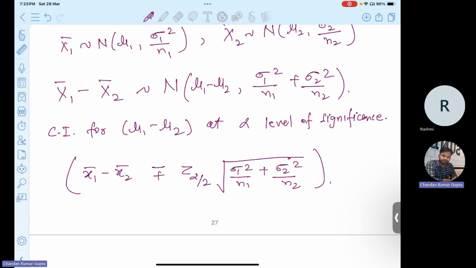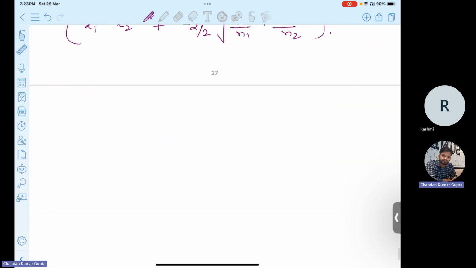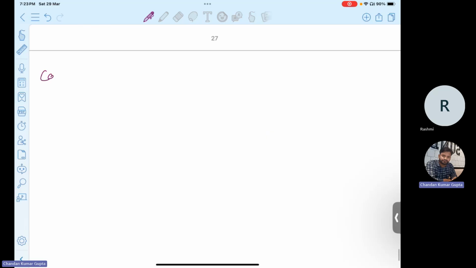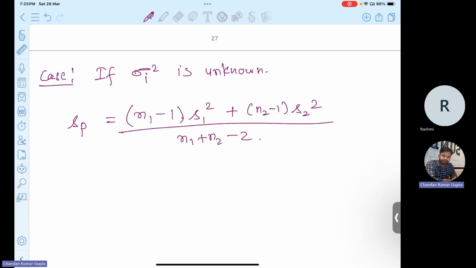Again, we have one more scenario: if the population variances are unknown, then instead of the population variance, we use the pooled variance. If sigma i square is unknown, then we define a quantity Sp square, which is n1 minus 1 S1 square plus n2 minus 1 S2 square upon n1 plus n2 minus 2.